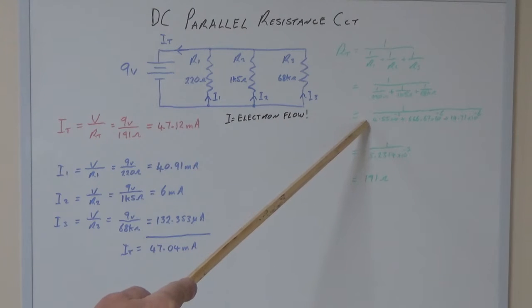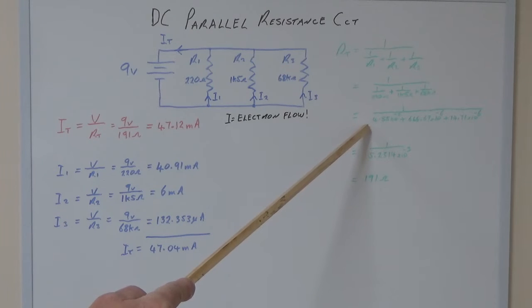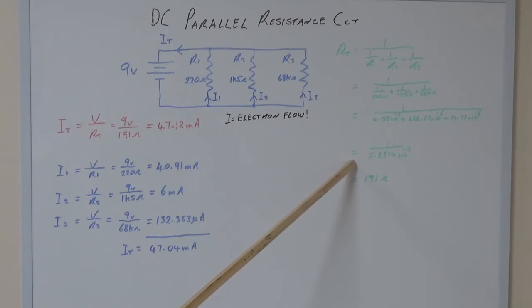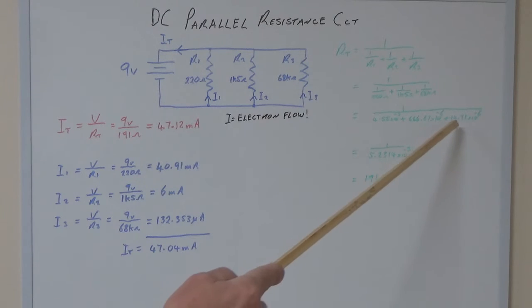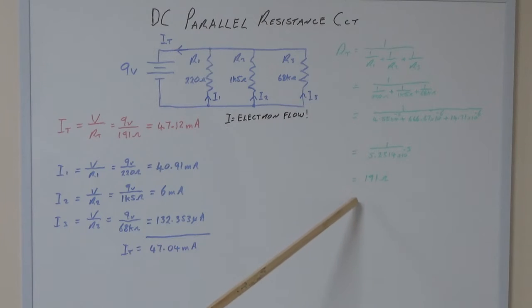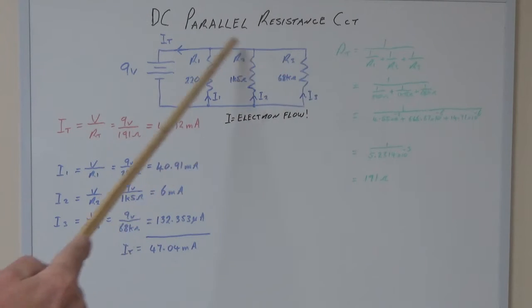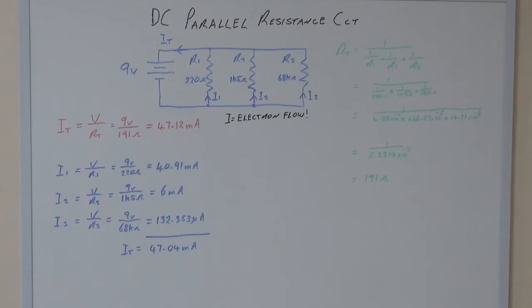Then we find the conductance of each resistor, so you've got 1 over R, and then we get the total conductance by adding these three up, and we've got 1 over R total there. If you invert that again you're back to resistance, which is 191 ohms. So the total resistance of all three in parallel is equal to 191 ohms.